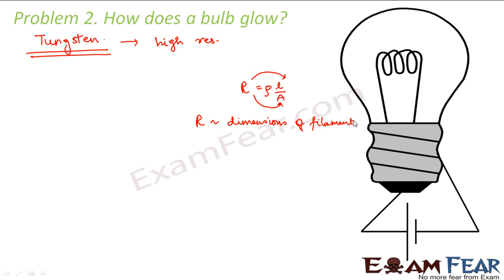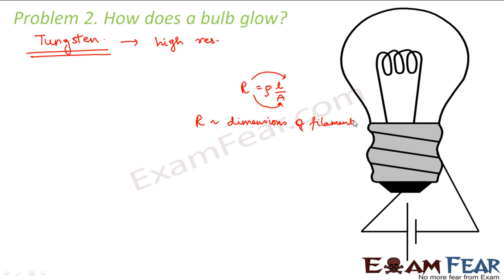The thickness of the tungsten is designed in such a way that it is hot enough to give visible light, but not too hot to melt. If the thickness of the tungsten filament is such that it becomes extremely hot, what will happen? The metal will melt down and your bulb will not function.